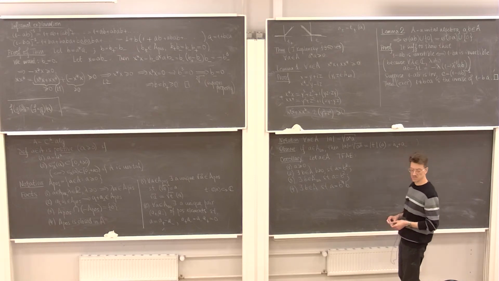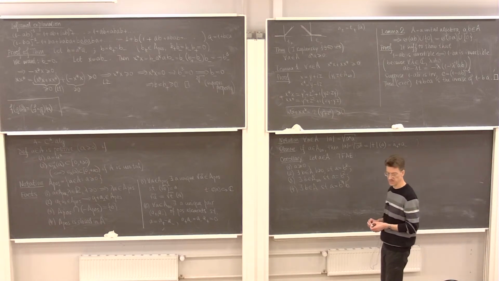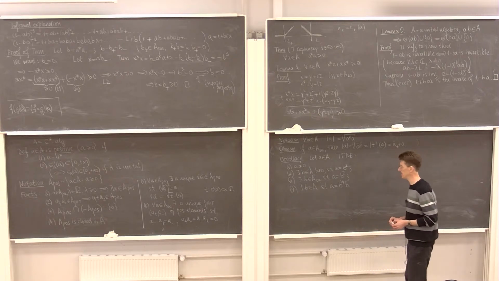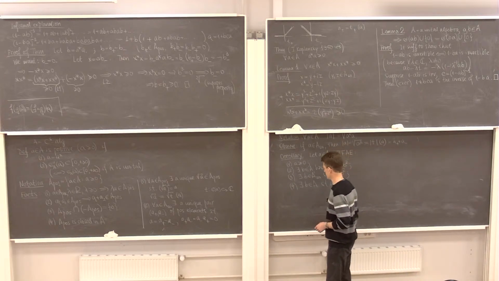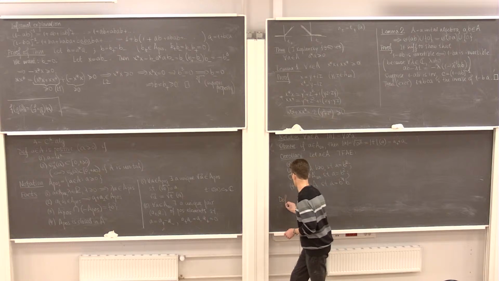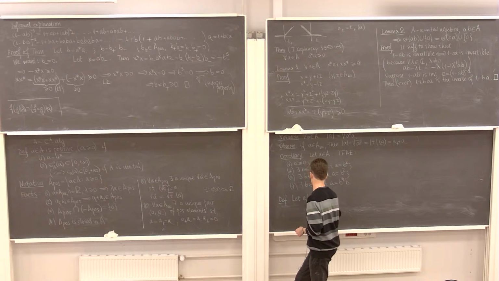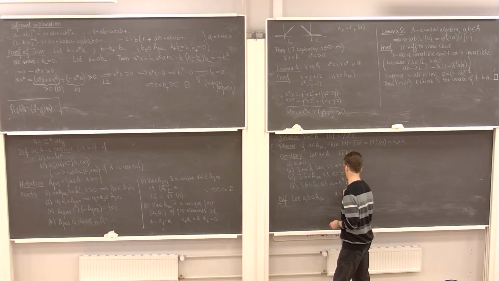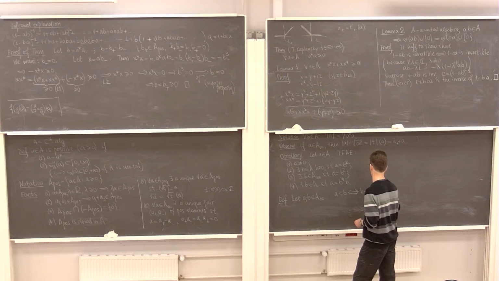Now, by using the notion of positivity, we can introduce the following useful order relation on our C-star algebra, or more exactly, on the set of all self-adjoint elements in A. So we give the following definition. Suppose we have 2 self-adjoint elements, A and B. We say that A is less than or equal to B if B minus A is positive.